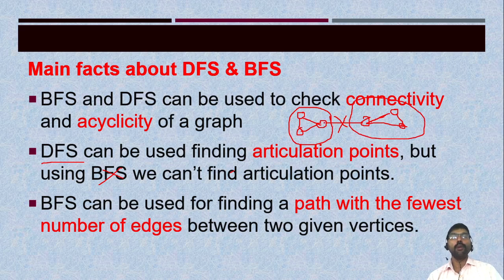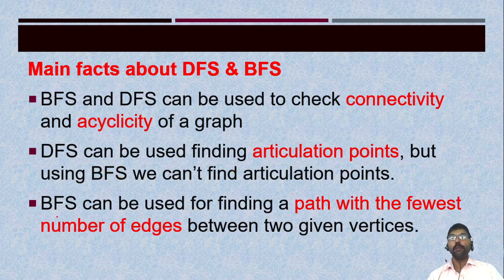Such points or such edges are available or not, I have to check. In a graph I want to check if some edges are available such that if you remove them, it will convert that graph into disjoint graphs. Such points are called articulation points. This is the example here. Such points I have to find out with the help of DFS.